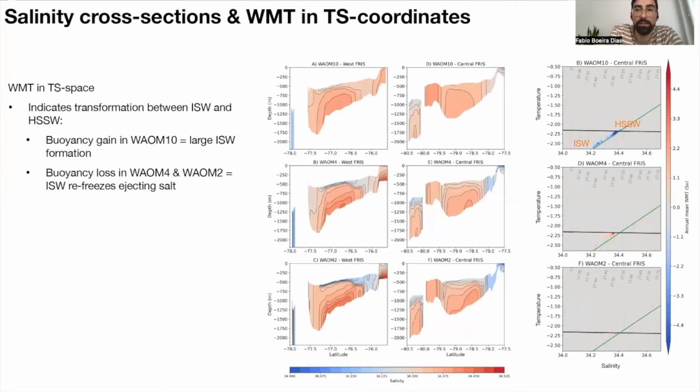What you see is that at 10 kilometers, you have much more water mass transformation towards lighter densities, so basically high salinity shelf water being transformed into ice shelf water. This decreases substantially, even moving towards positive water mass transformation rates in the 4 and 2 kilometer experiments, which means that the refreezing over that shallow bank impacts the transformation of ice shelf water.